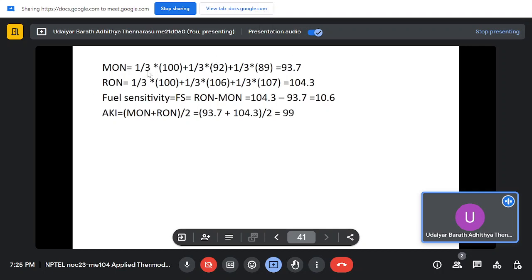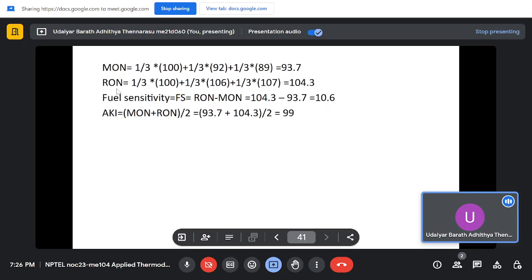Similarly for RON, we know RON is 100 for isooctane, 106 for methanol, and 107 for ethanol. With one third, one third, one third proportion, multiplying by each RON, the total RON of the fuel comes out to be 104.3.